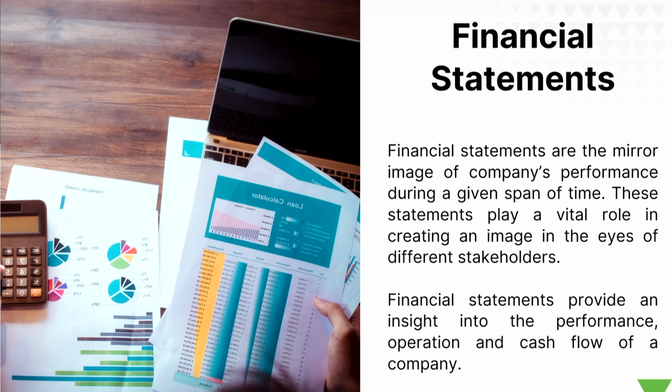The financial statements are divided into three categories. Number one, the income statement, that summarizes the revenue items relating to the generation of revenue and the expenses. Then the cash flow statement, that deals only with the inflow and outflow of cash in a given period of time.